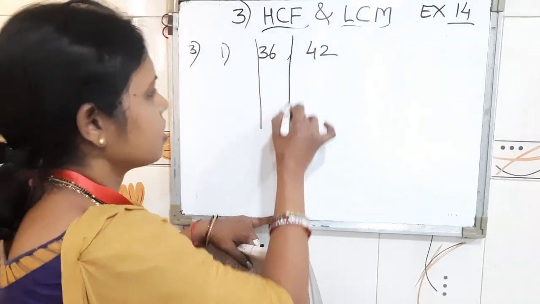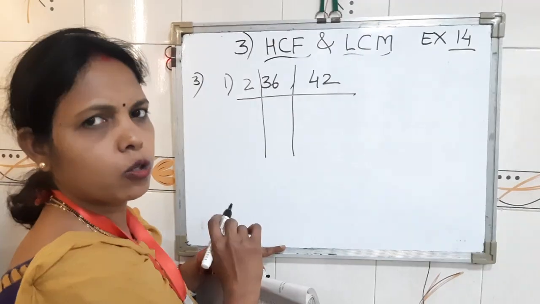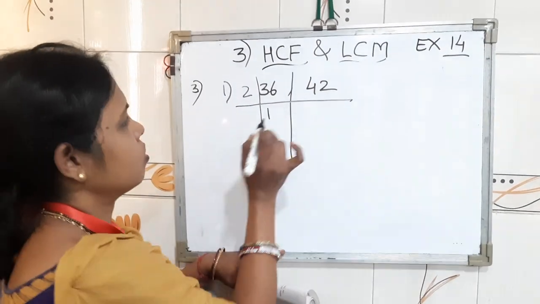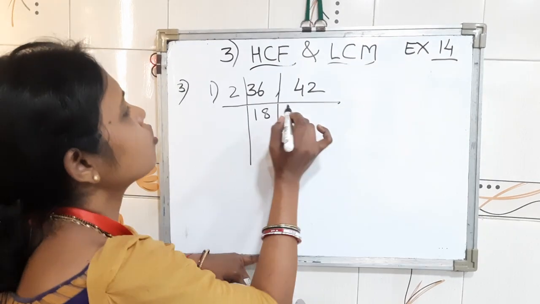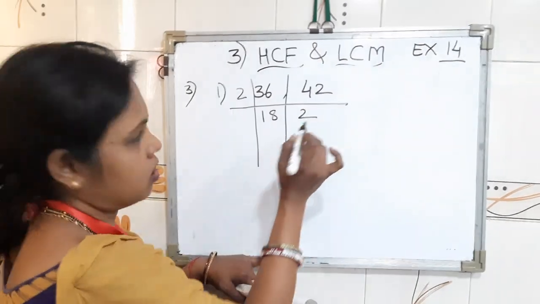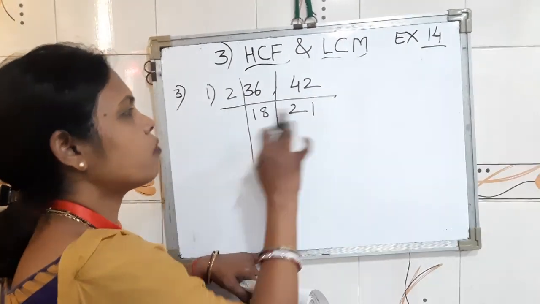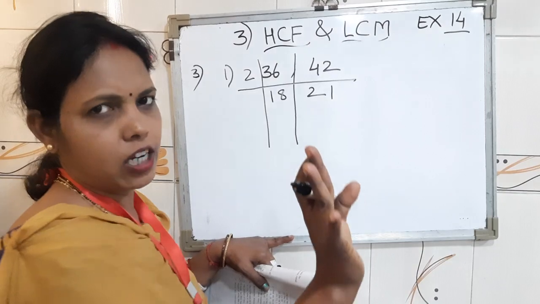Therefore, 36 and 42. By 2 we will divide both these numbers. 2 ones are 2, 2 threes are 6, 2 twos are 4, 2 ones are 2. Now you got 18 and 21. 18 will divide by 2 but 21 will not divide.